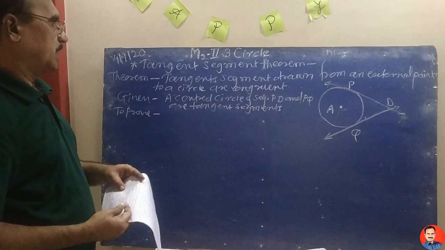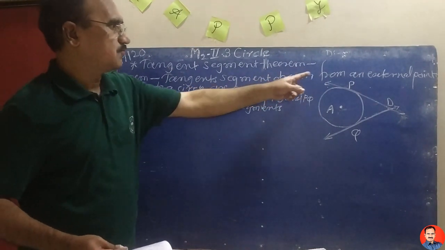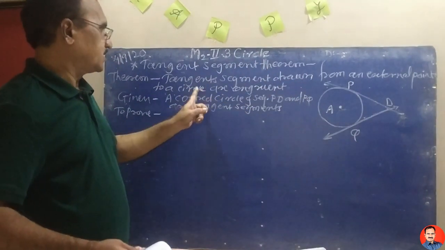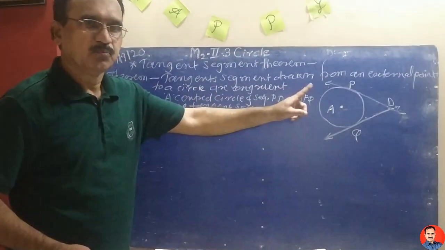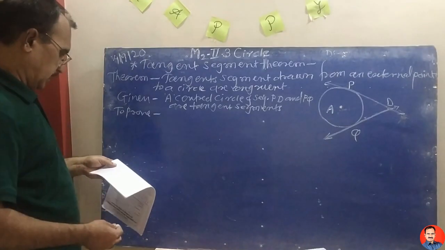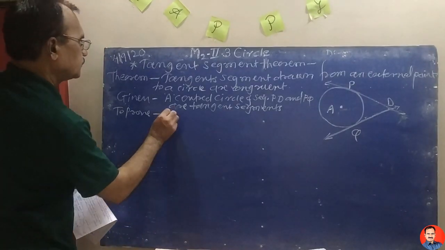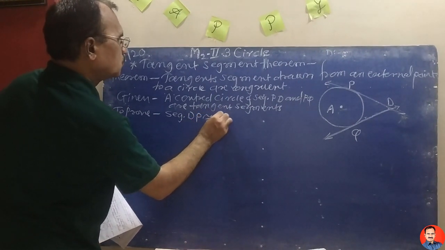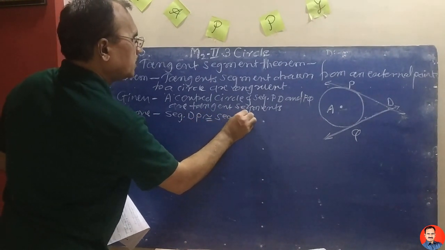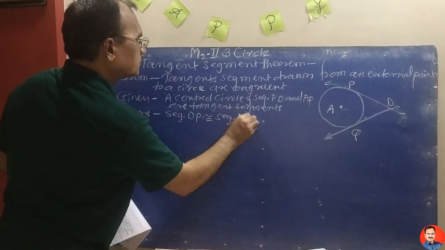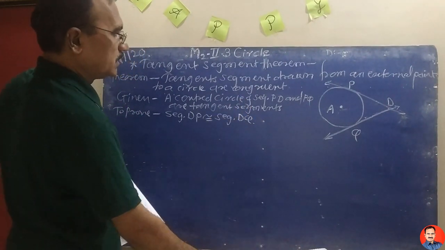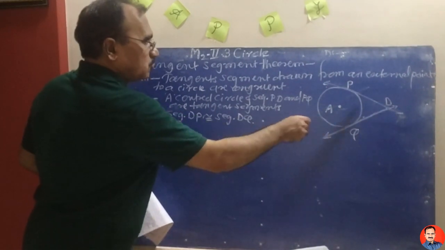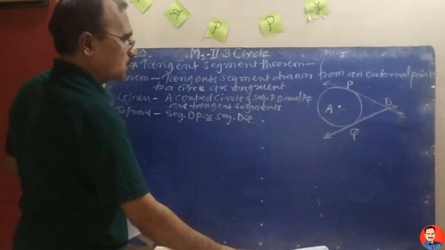In the statement, the first half is given and the second half we have to prove. PD and QD are congruent. Segment DP is congruent to segment DQ. We have to prove these two tangent segments are congruent.